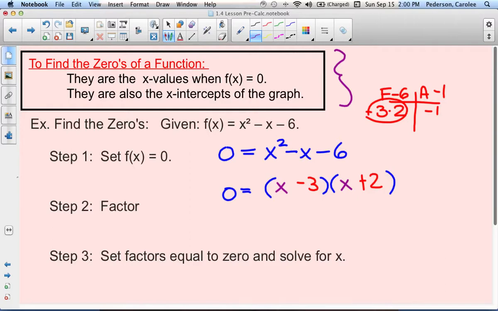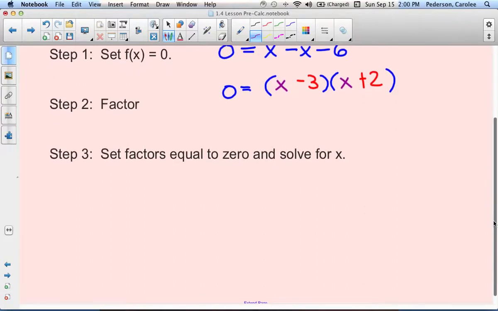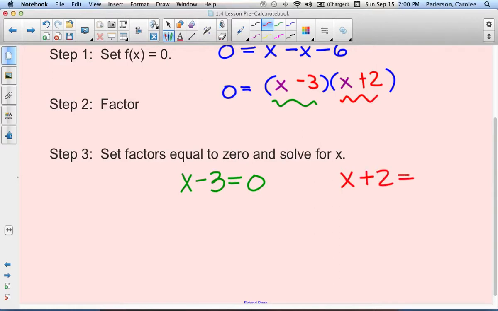Step 3 is to set those factors equal to 0 and then solve for x. So I have one factor of x minus 3. I have another factor of x plus 2. This is also called the zero product property. And we solve those both for x. So in the first example in the green, I'm going to go ahead and add 3 to both sides.